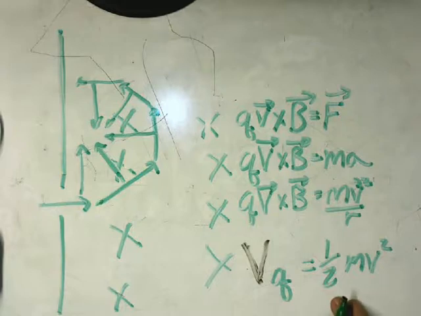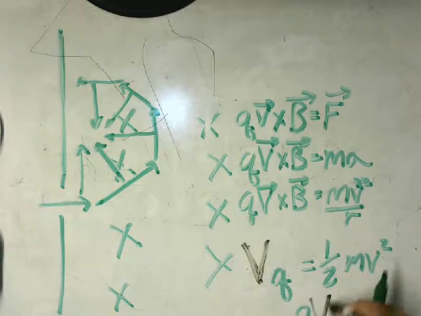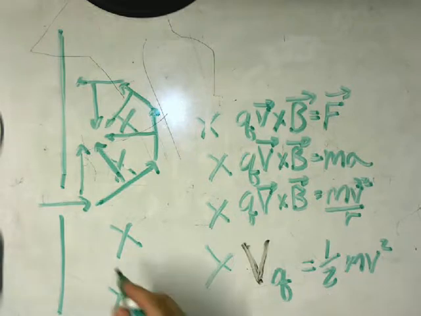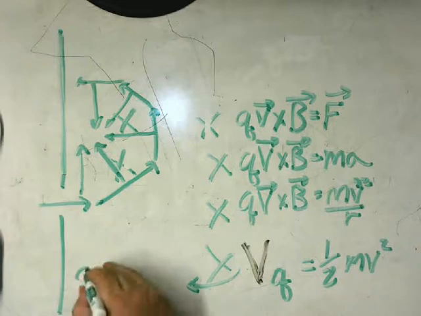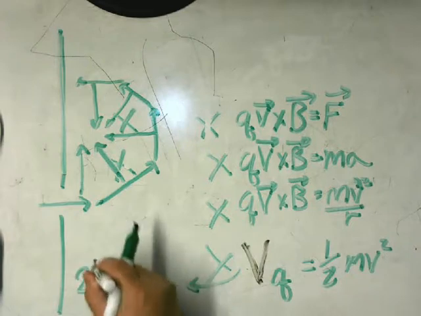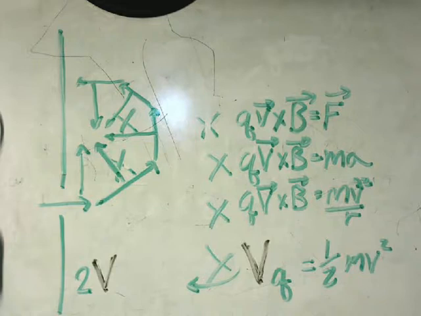I'm going to move this 2 over to this side. So I'm left with 2 times V times q is equal to mv squared. Okay? That can directly go into here. Cool?